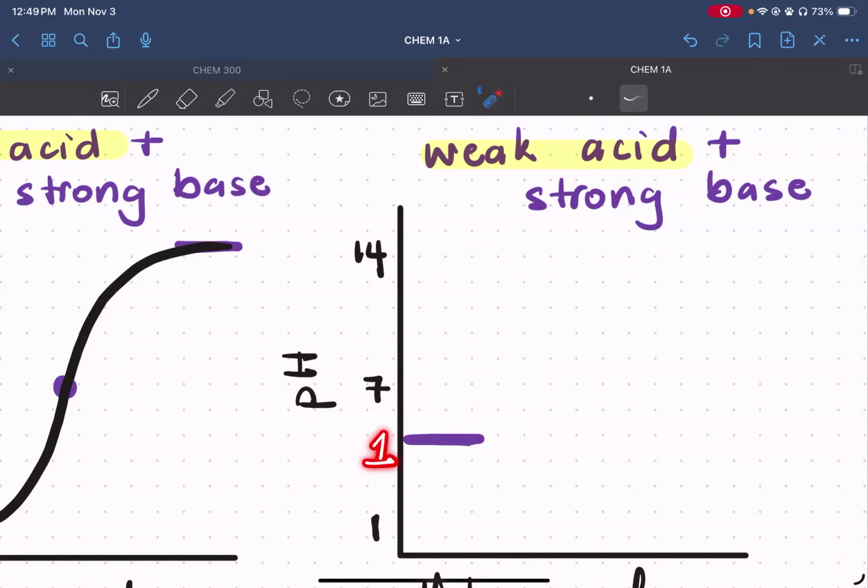But something I like to do to make it abundantly clear to whoever is grading it is I just put a random number beside the start. 5. 5 is very clearly nowhere close to 1. It is something you can objectively say, yeah, that's weak. Does it matter that we don't know for sure it's exactly 5? No. We're just drawing a graph to see what it would look like.